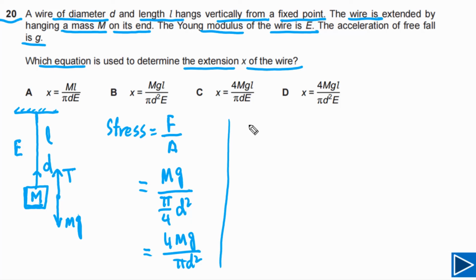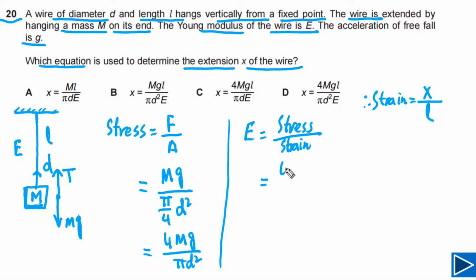Now we need to find the relationship between Young's modulus, stress and strain. Young's modulus is equal to stress over strain, but strain is equal to extension over L naught. Extension in this case is x and the length of the wire is L. So this is strain.